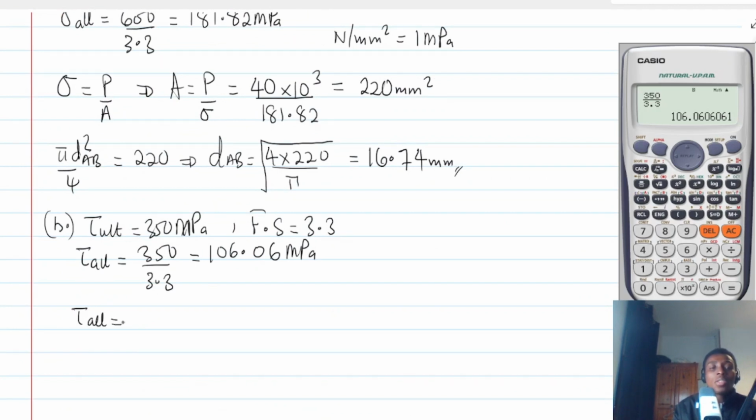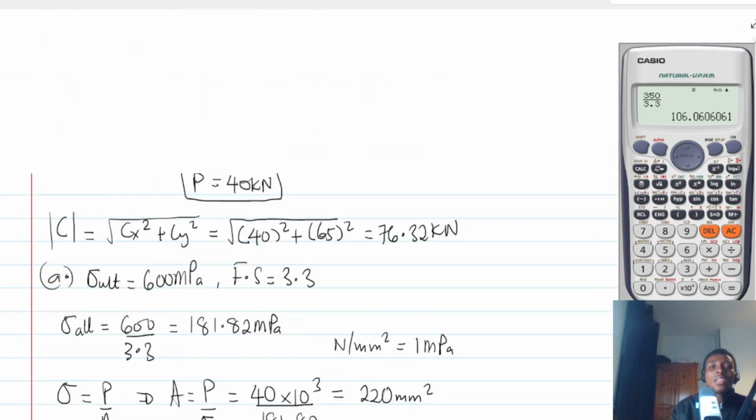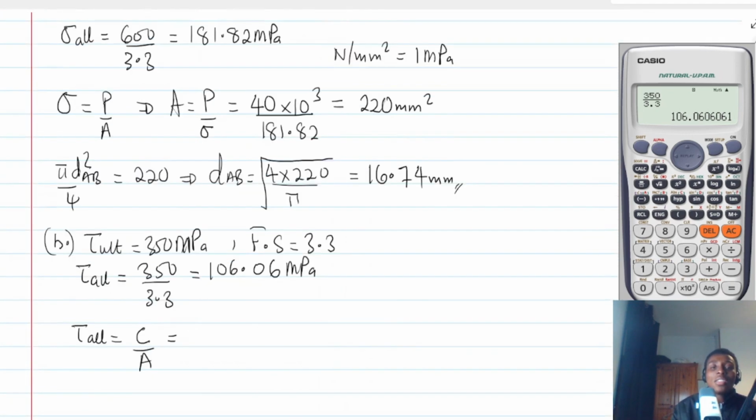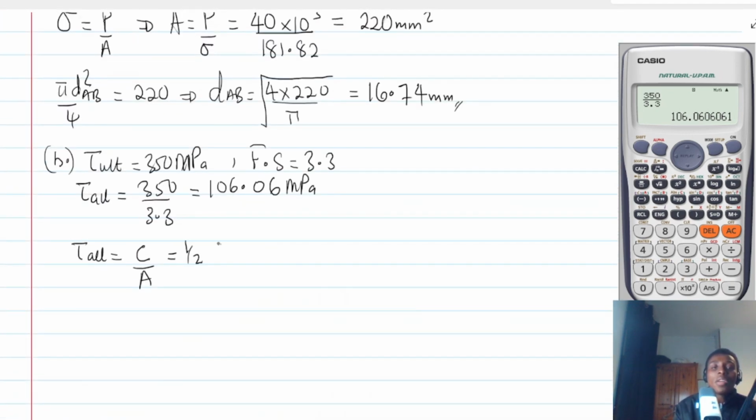So allowable shear stress is going to be the load, which is C, divided by the area. But then I was saying that C will be half here and half here. So to calculate it, we just need one of them, which is half C divided by the area. So this is also the same as C divided by 2A.